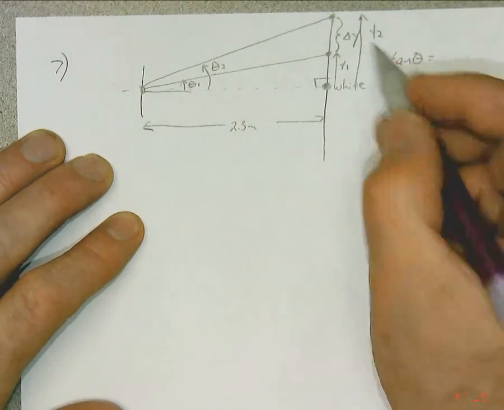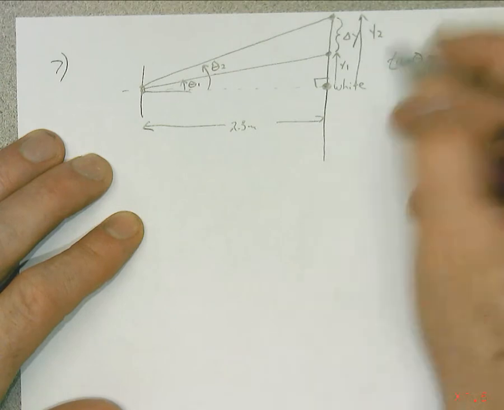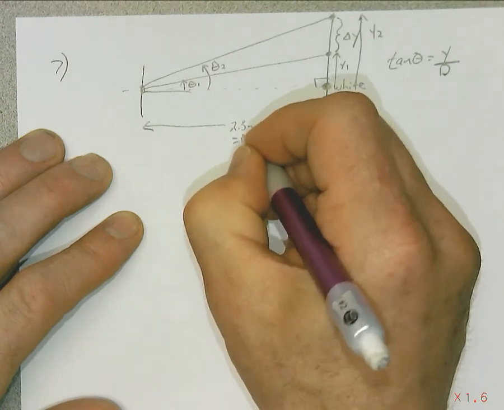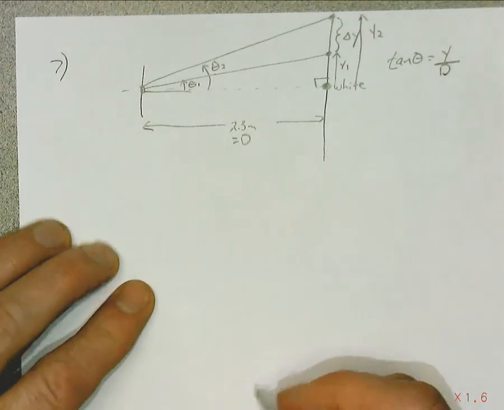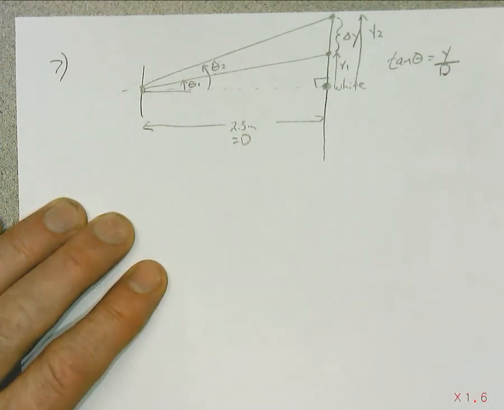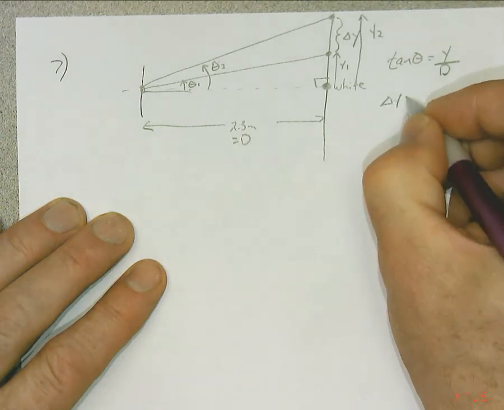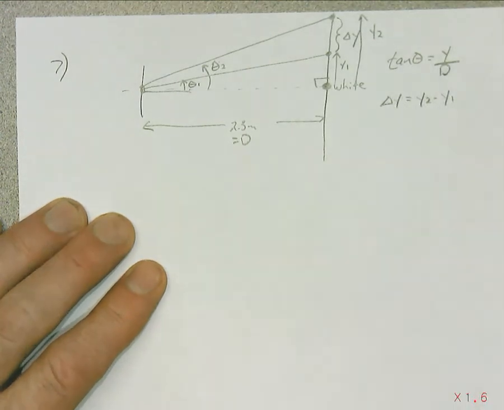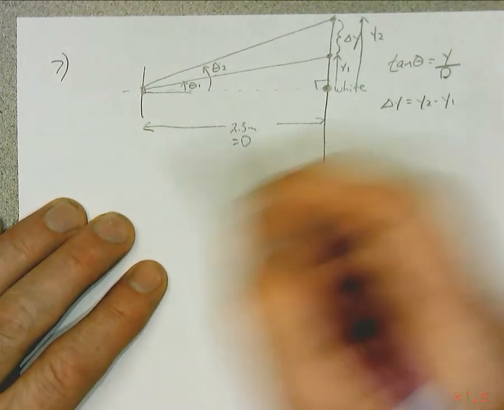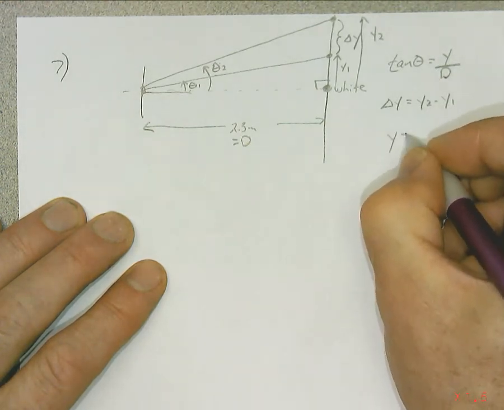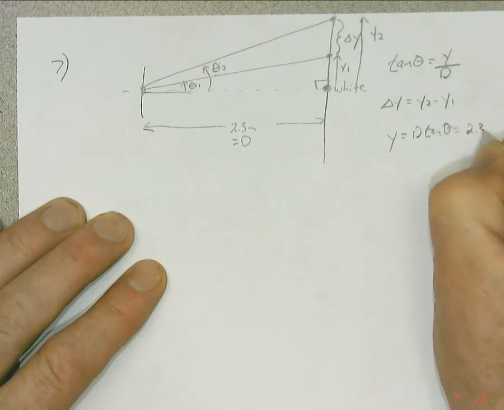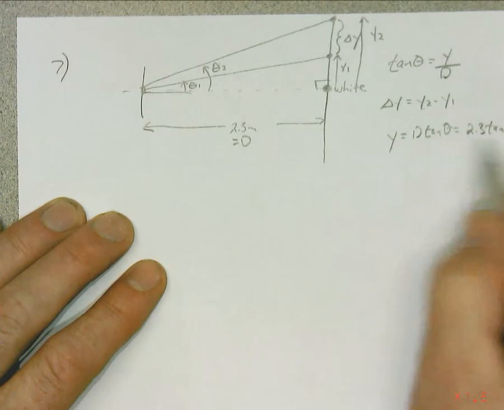For any particular y, the tangent of this angle is y over big D. We're going to take these two angles, get the y for both of them, and then delta y will be equal to y2 minus y1. So we need to solve for these y values. We'll plug into y equals D tangent of theta, which is 2.3 tangent of theta, to get our two values of y.